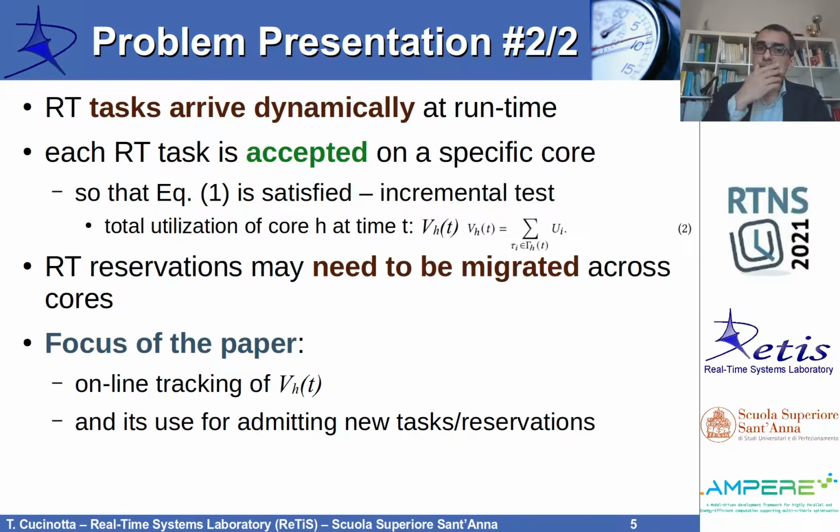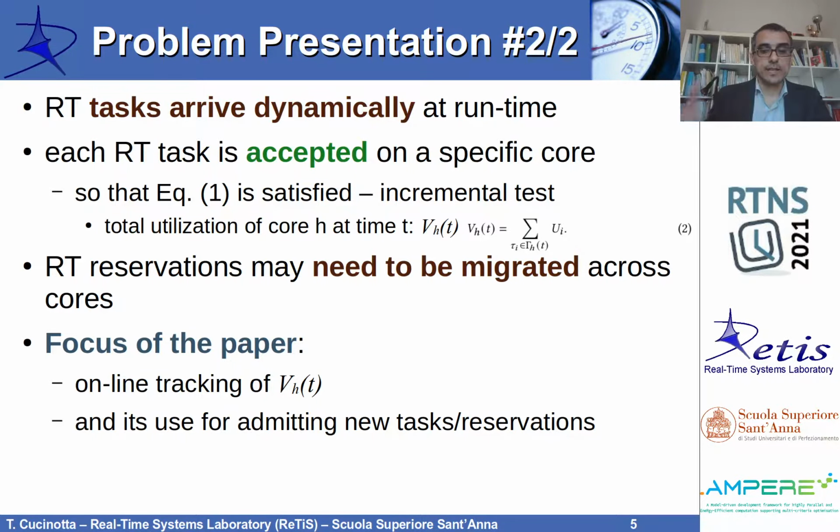So if real-time tasks arrive dynamically at runtime, then we need to have a test that decides whether or not to accept a task on a specific core. In the scenarios we focus on, we like to use utilization-based tests.